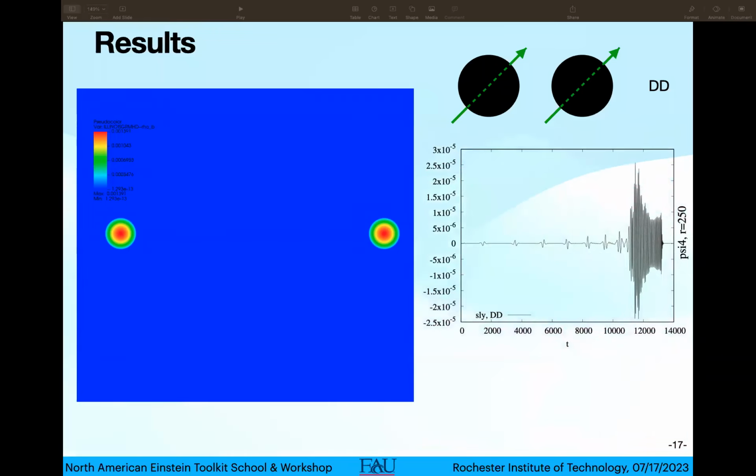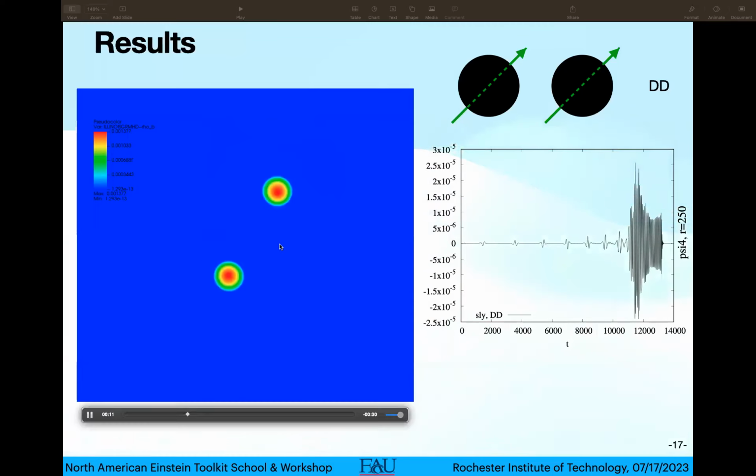We were able to load this initial data successfully into the Einstein Toolkit, but now let's spend another 41 seconds to look at this movie to see what's going to happen. The orbit is highly eccentric, and I guess we all know that all of these peaks appear when these stars are close to each other.